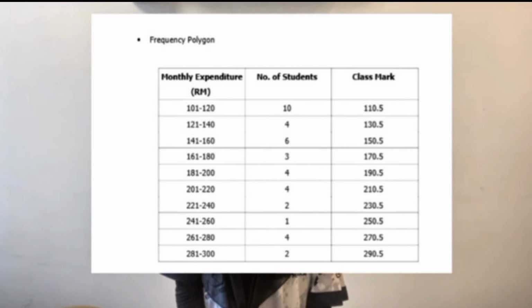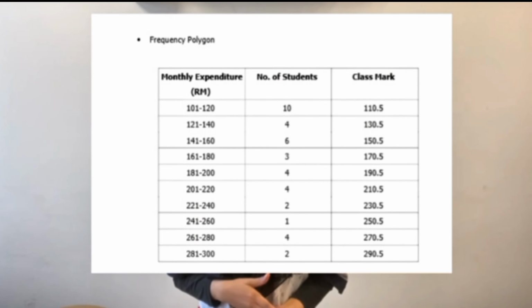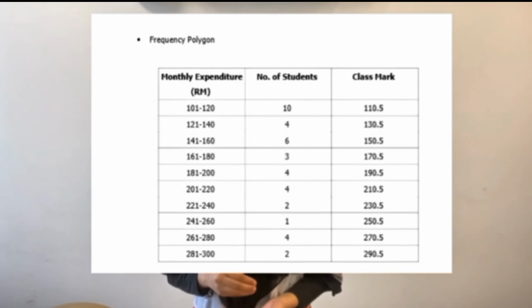I want to share about the frequency polygon for student monthly spending. The table shows how many students spend between different amounts, for example, from 101 to 120 ringgit, and so on. We find the midpoint value, the class mark, and use it to draw the graph.